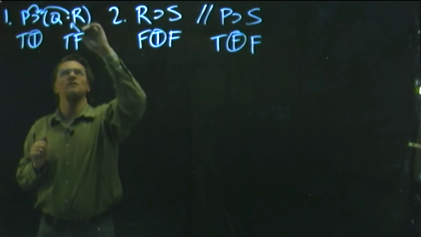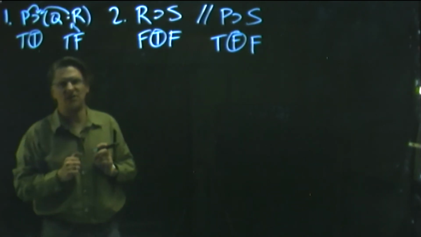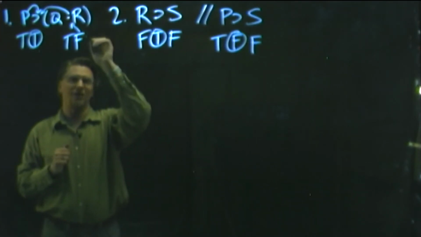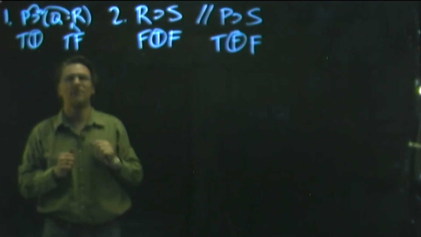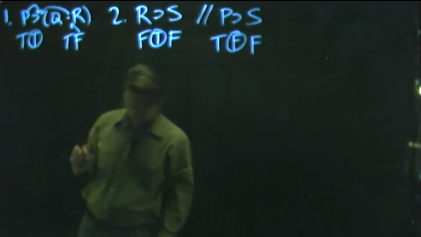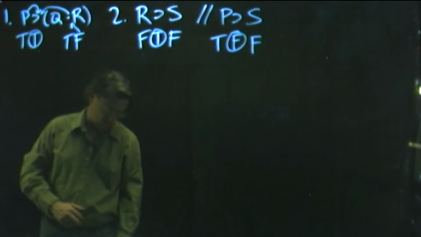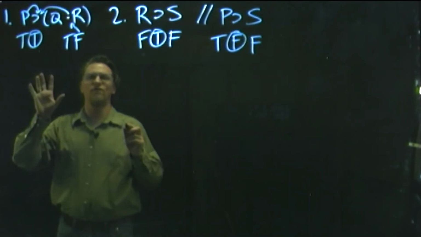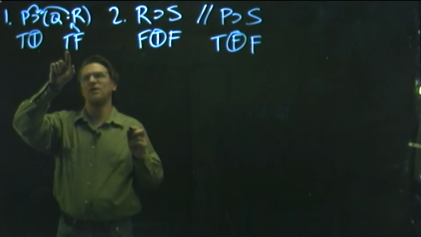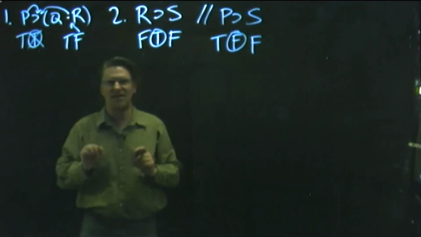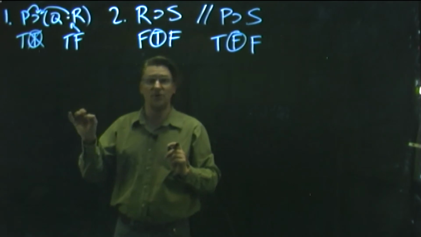The problem is we've got false feeding into the dot right there. And you'll remember this: anytime there's false feeding into the dot, you don't get true under here. In fact, it doesn't matter what Q is. Whether Q is true or false, this will not end up being true. And so, in fact, it doesn't work. We can't get that main operator to be true.